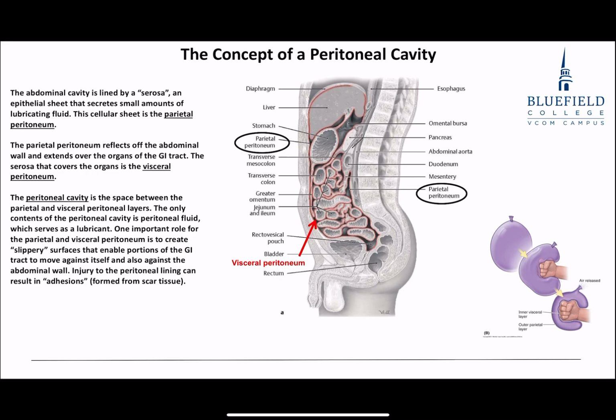So we have parietal peritoneum, we have visceral peritoneum, and we have a peritoneal cavity. And all of this is in the big space that I referred to initially as the abdominal pelvic cavity.